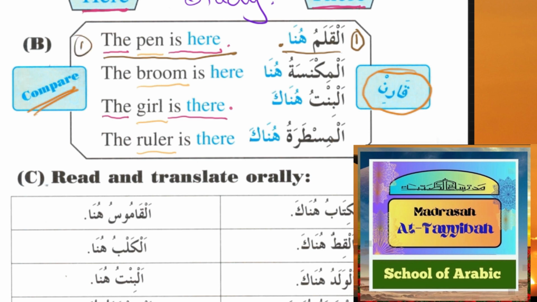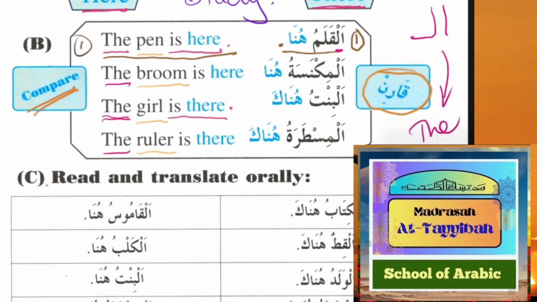The pen is here. Of course, we know from previous lessons that the al means the. So القلم, المكنسة, البنت, or the.